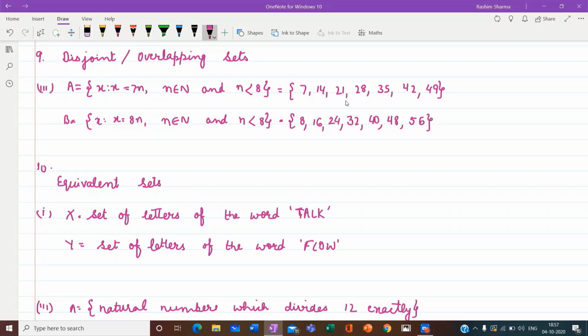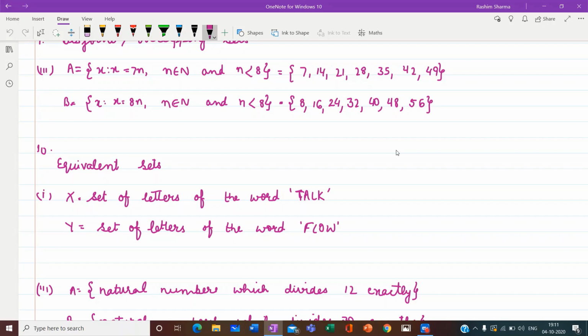Now in these two sets we can see there is no element common in them. So these two are disjoint sets.